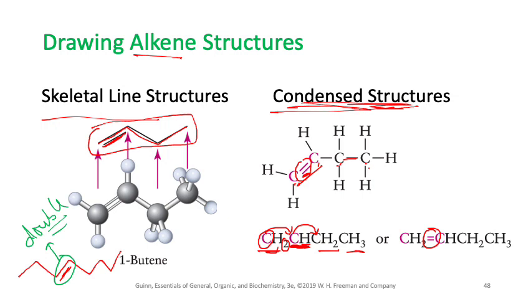Because we know in the condensed structure we usually don't show a bond, but if you have a special bond like a double or triple bond, you can show it, right? So I can write CH2 double bond CH, and except for that I usually don't show the single bonds, right? So this is how you can write all three types of structure.